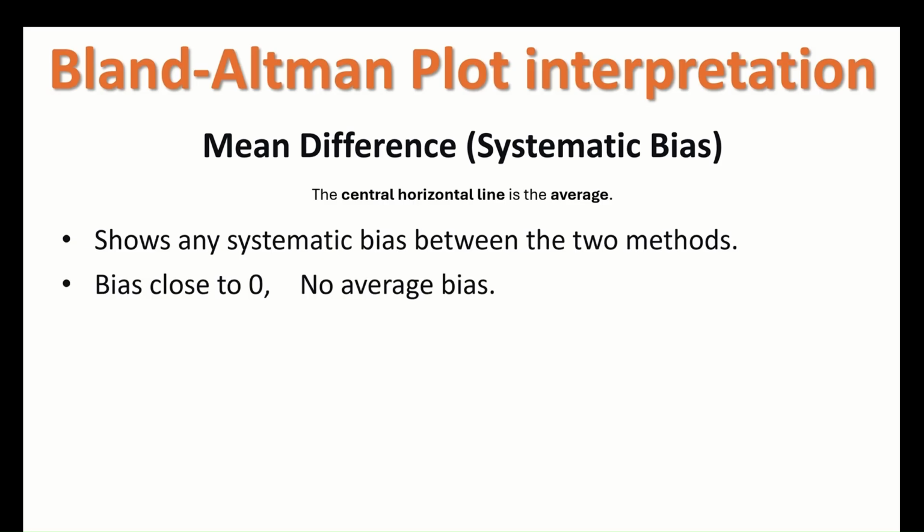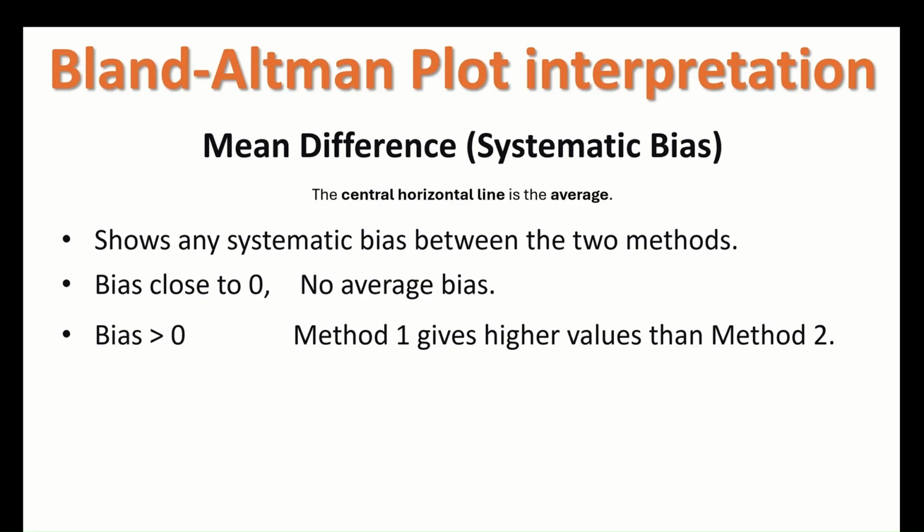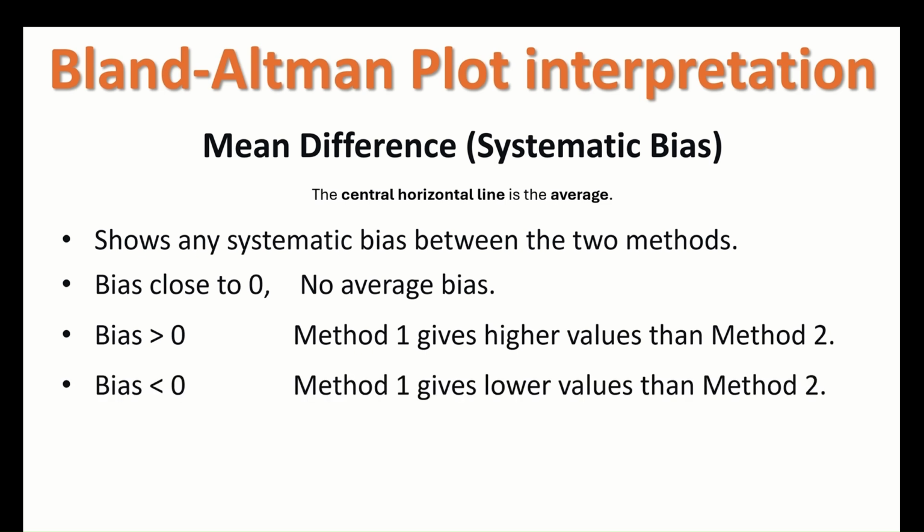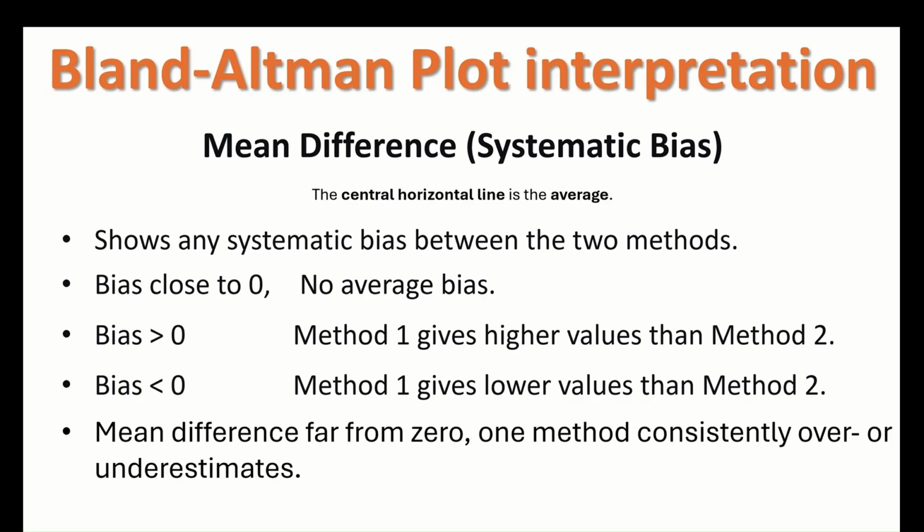If the value for the bias is close to 0, there is no average bias. If the mean difference is greater than 0, then method 1 gives higher values than method 2. If the bias is less than 0, then method 1 gives lower values than method 2.